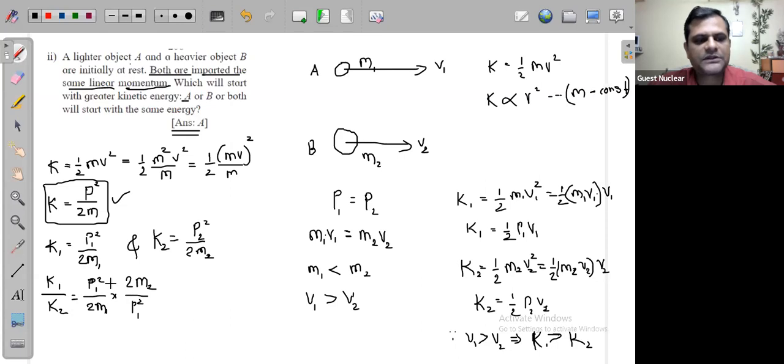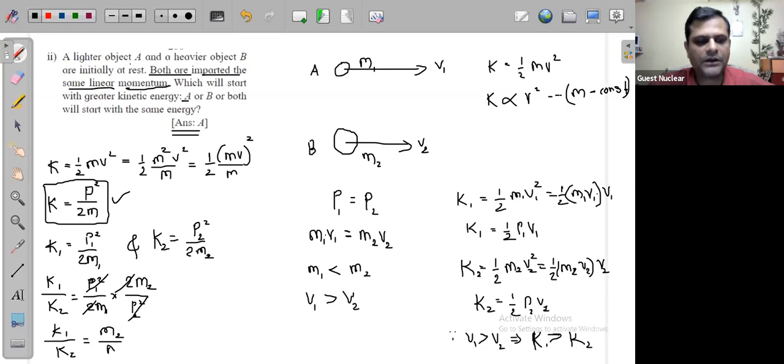But since P2 square is going to be constant, and P1 is given to be the same as P2, we can cancel out P1 square and P2 square. 2 को तो कभी भी cancel कर सकते हैं, no doubt. And what we are left with is K1 upon K2 equal to simply M2 upon M1, correct?